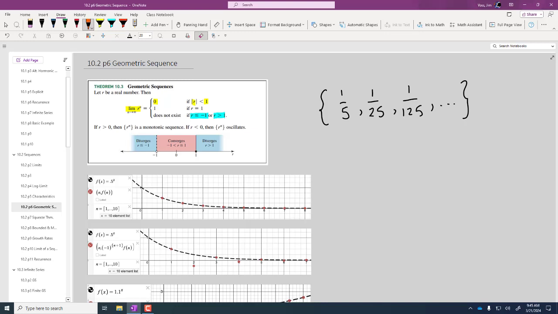So let's just talk about that for a moment. Let's look at this weird oddball case here where the geometric sequence does converge if R is 1. If we look at the corresponding series, now I'm forgetting if we use an N or a K in this book.